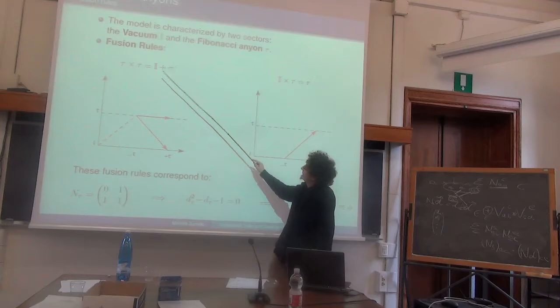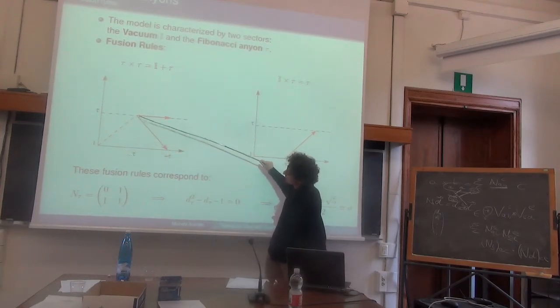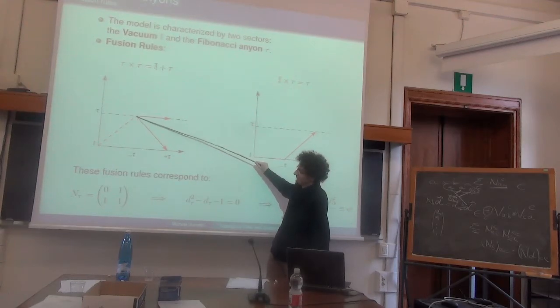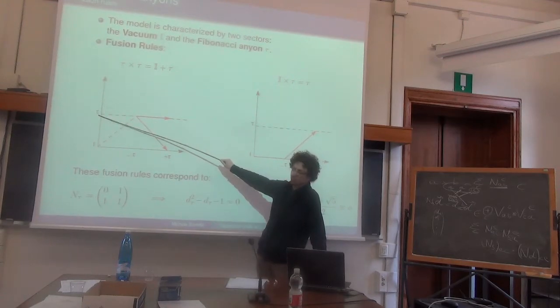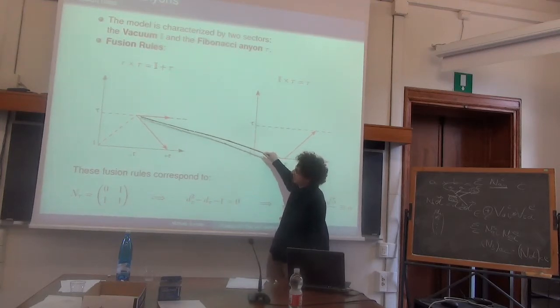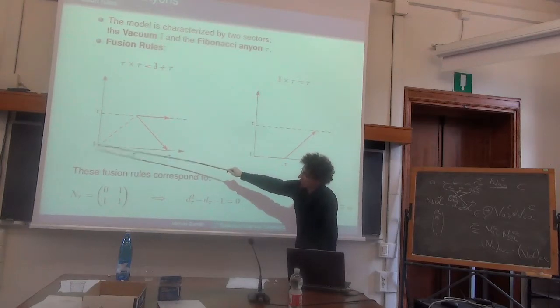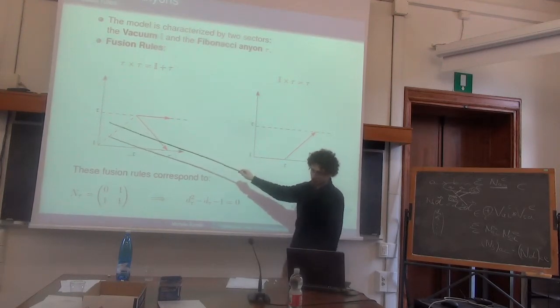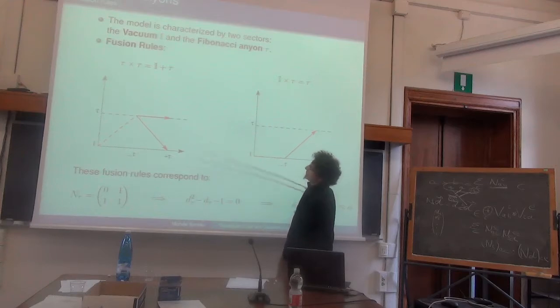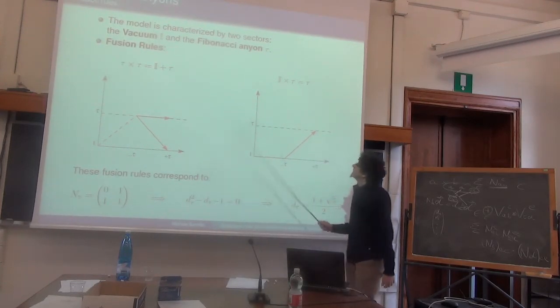And I can represent this rule by saying that once I have a system that has a total topological charge tau, and I add another tau, then I may end up either in a total topological charge 1 or in a total topological charge tau. This is one of the building blocks of what are called Bratteli diagrams.